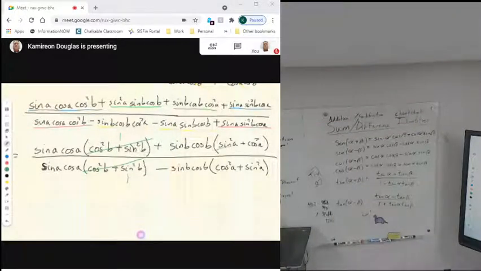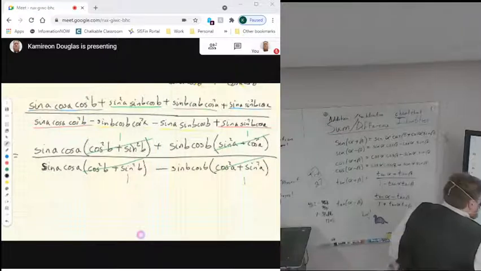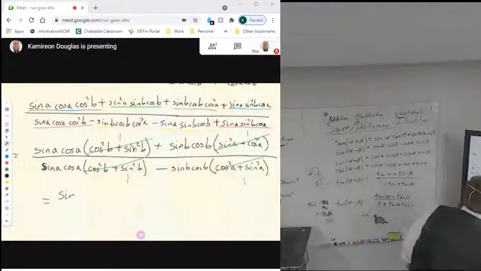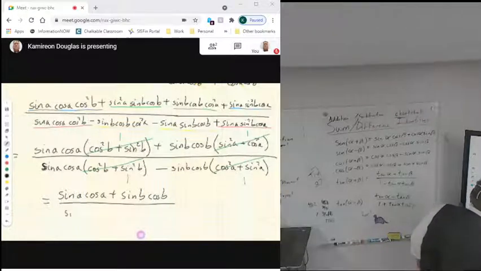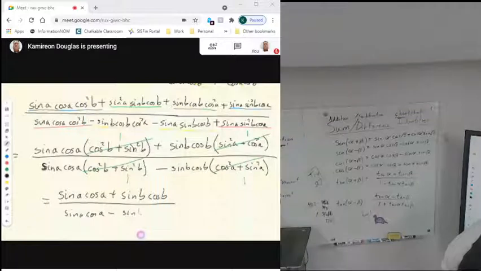This thing, 1. This thing, 1. All that's left behind is the answer: sine A cosine A plus sine B cosine B, all over sine A cosine A minus sine B cosine B.